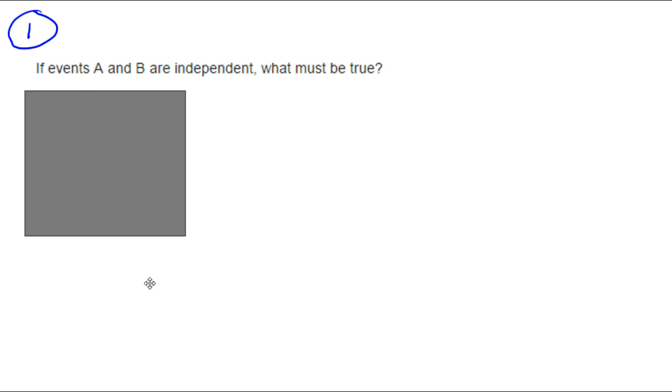All right, so look at this first problem. If events A and B are independent, what must be true?